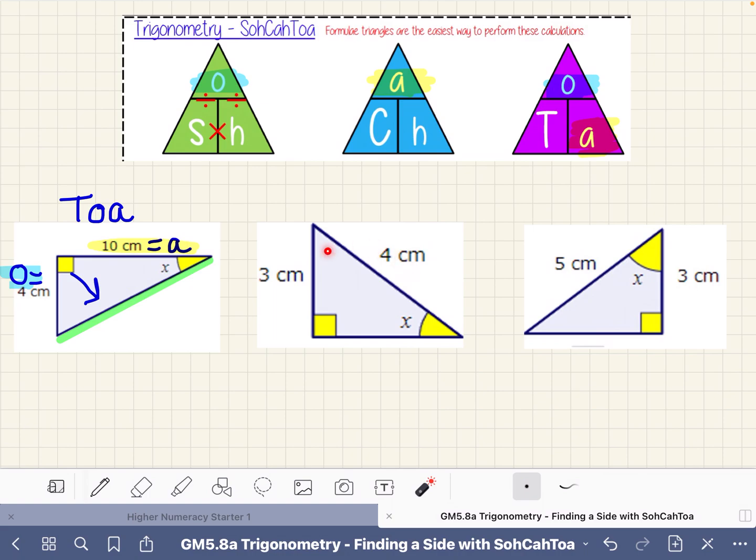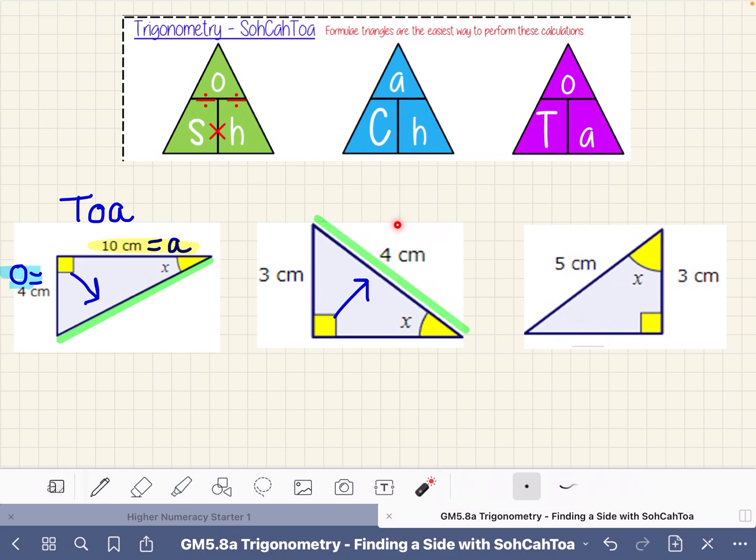We will now look at this triangle here. First of all, we will label the sides we have been given. Across from the right angle is our hypotenuse.